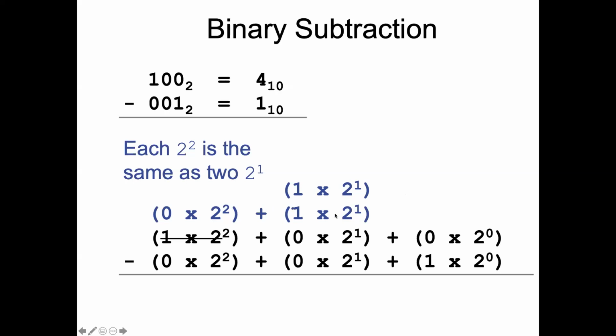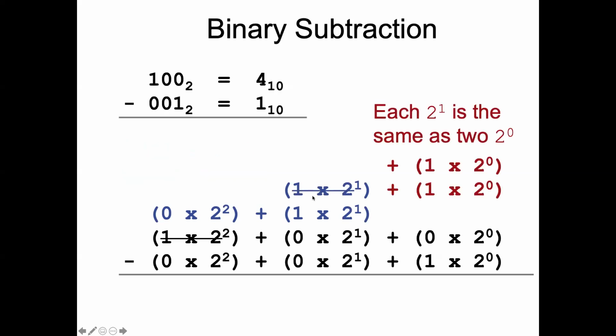Well, the whole reason I started borrowing is so I could subtract this 1 from this 0. So I can do the same thing again. Now I've got 2 1's to work with in this column. I can take one of those, borrow from it, and now I've got 2 1's in this rightmost column. Again, because the 1 times 2 to the first is worth 2 1 times 2 to the 0's.